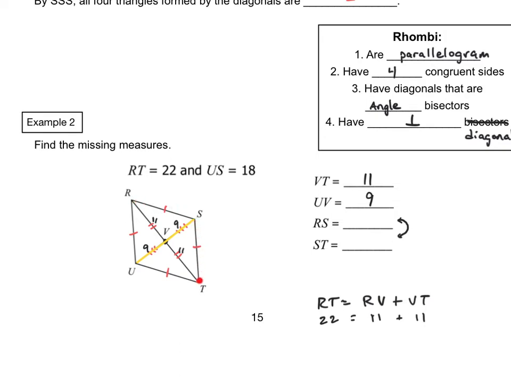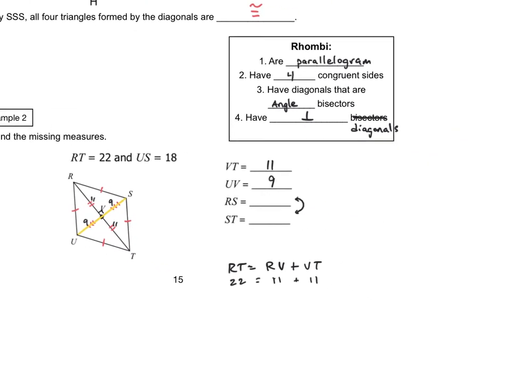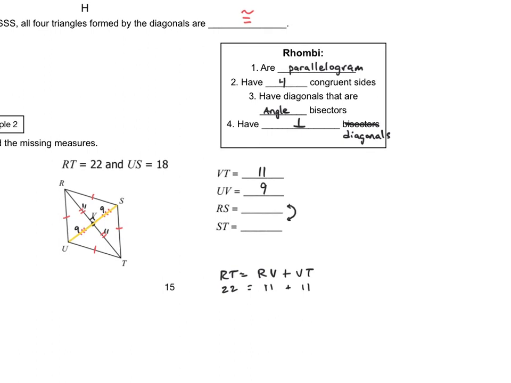But what we can do now is we can actually use the Pythagorean theorem. They have given us one side, another side, and we're missing the hypotenuse. We know that these are right triangles because they intersect at a perpendicular. So we can use the Pythagorean theorem to find ST and RS. So we have a squared plus b squared equals c squared.